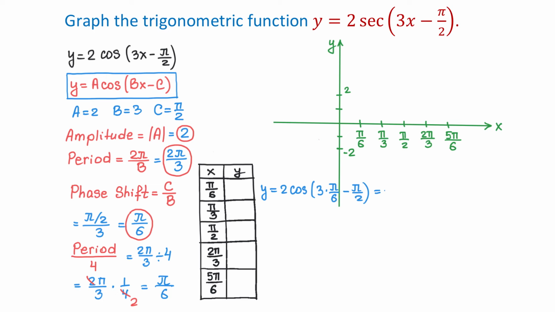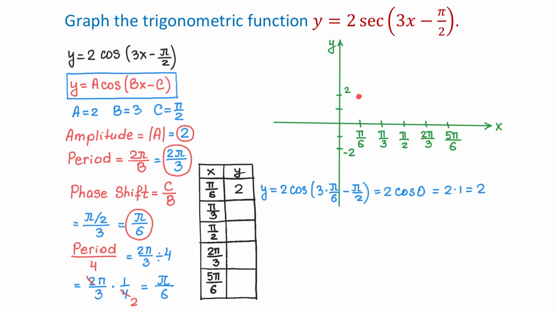Then we will have 2 times cosine of 0 and cosine of 0 is 1. Then 2 times 1 equals 2. So when x is pi over 6, y is 2. Let's plot this point in the rectangular coordinate system.